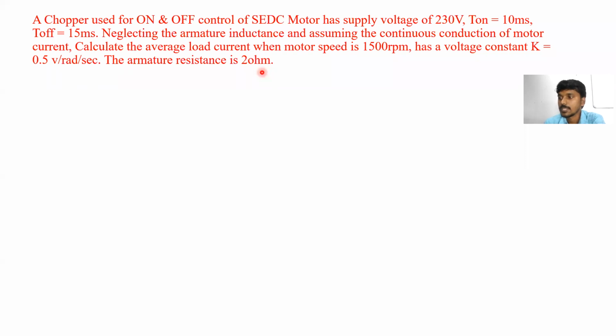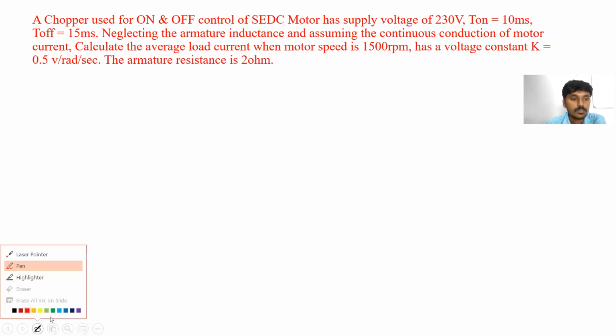So what we have to do here, what data is given, what we have to find out. First of all, we have to estimate that. Supply voltage given is 230 volts.